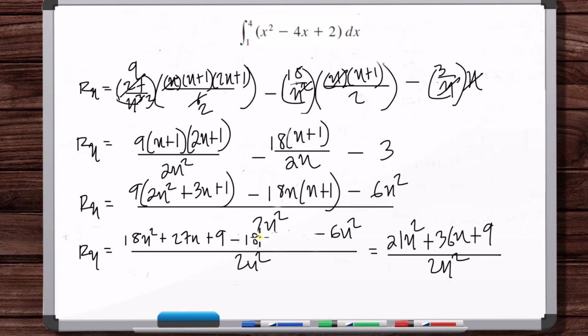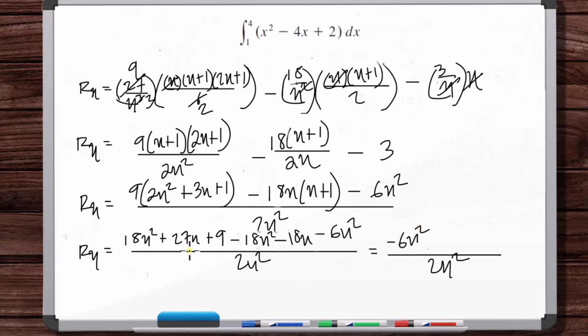So here it is: 18n squared minus 18n squared goes to 0. You're left with minus 6n squared.